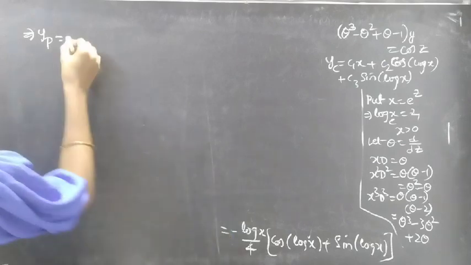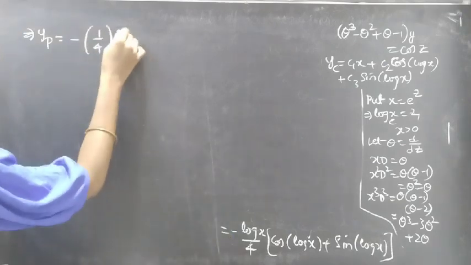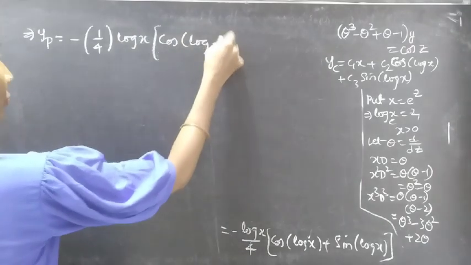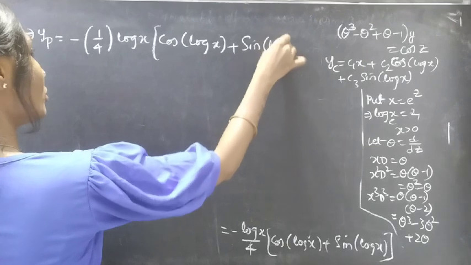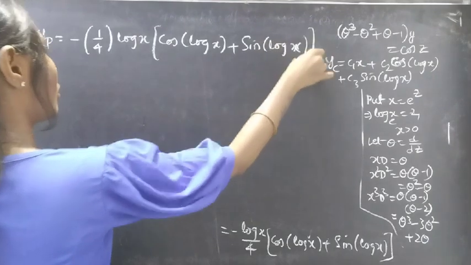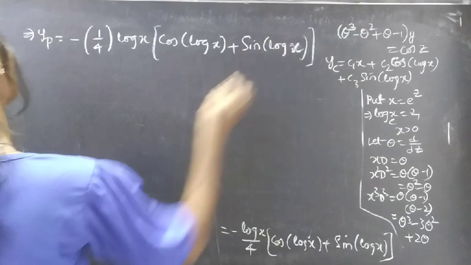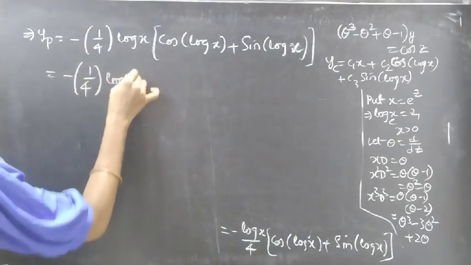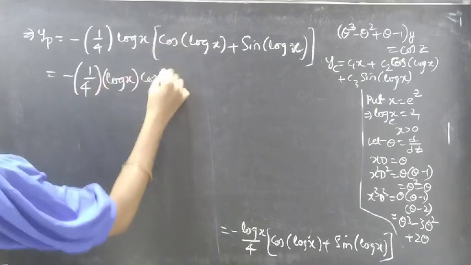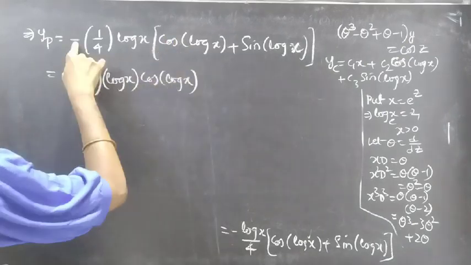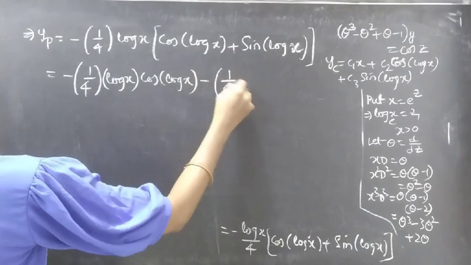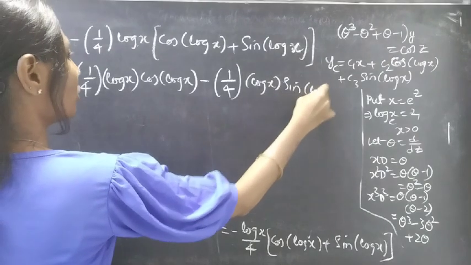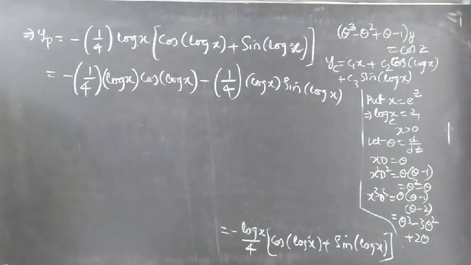Or we can write it as −1 by 4 into log x into cos of log x plus sine of log x, or −1 by 4 into log x into cos of log x, plus −1 by 4 log x into sine of log x. This is our required value.